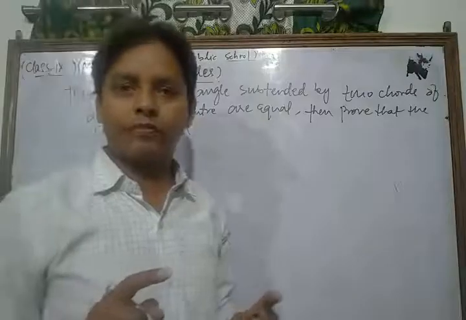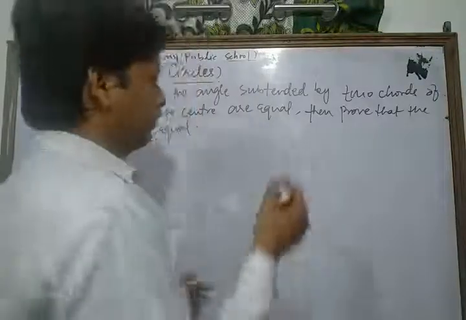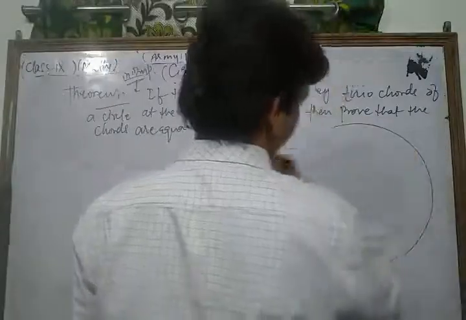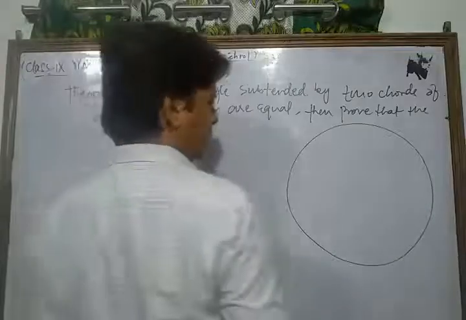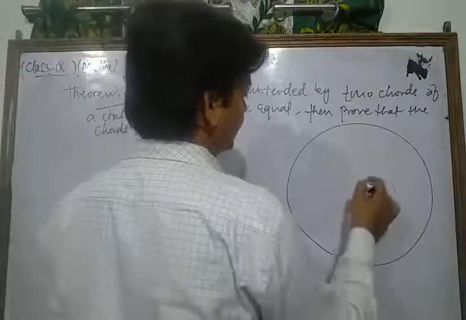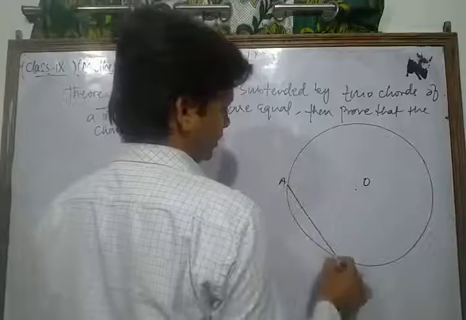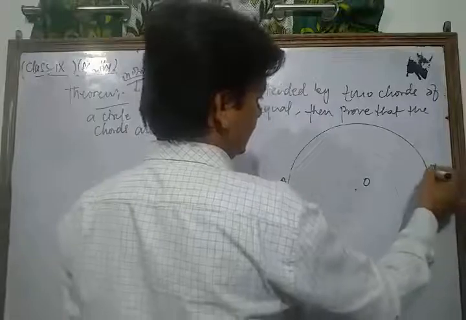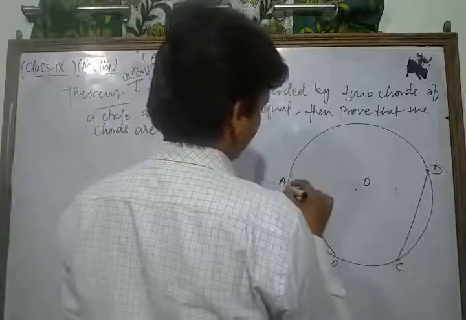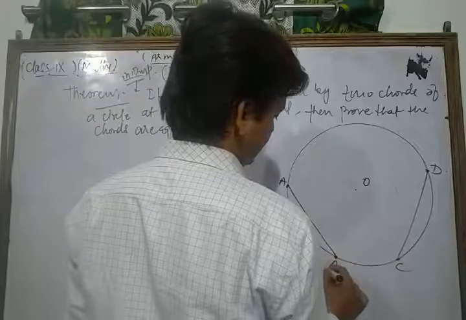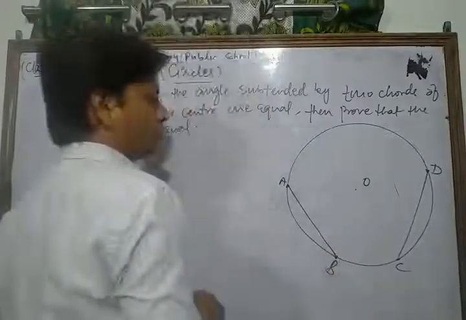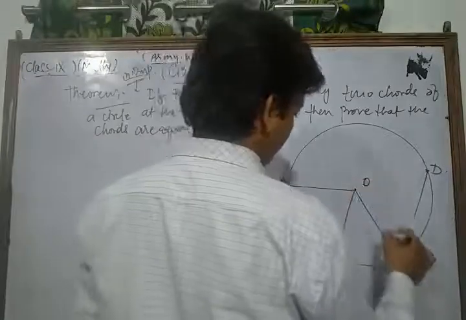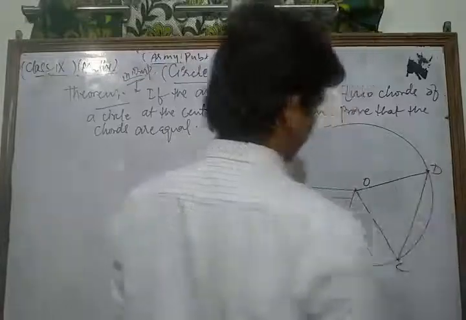So first of all, we form the same figure. We draw a circle, in which O be the center, and let us take AB and CD as two chords, and we just join OA, OB, OC and OD respectively.